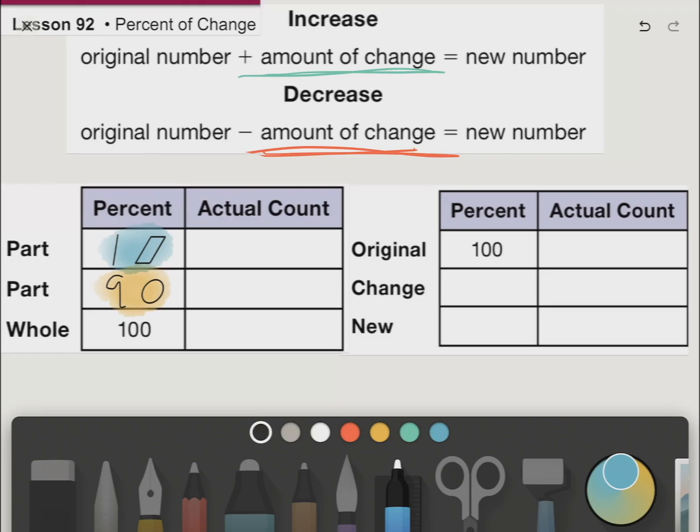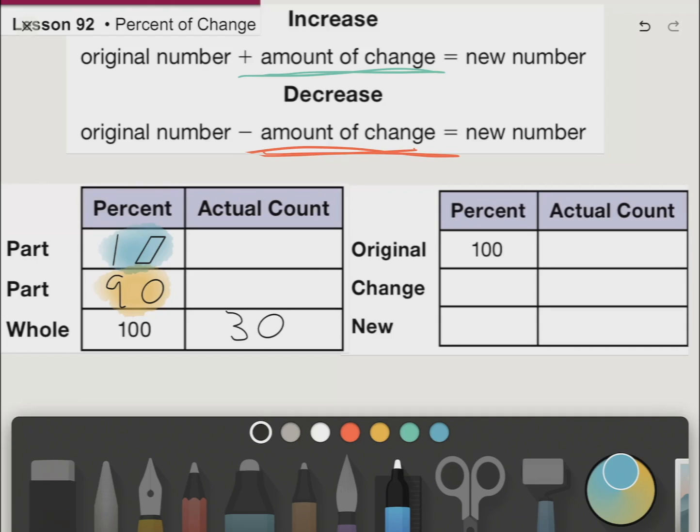Then, in terms of figuring out how many days during the month, if there were 30 days in the month, then that could be the whole.